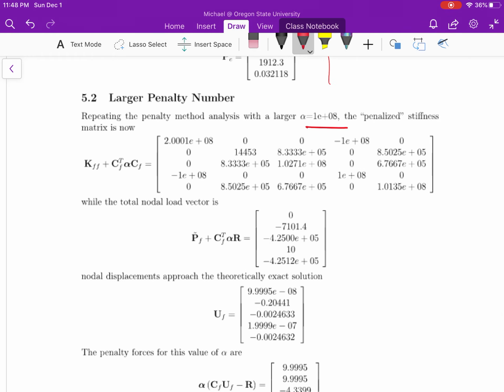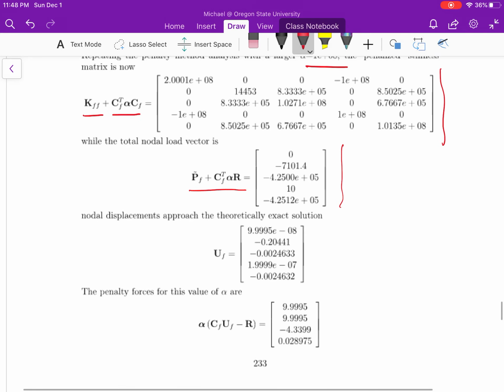So if we scale CF transpose CF by 10 to the 8th and then add it to KFF, then we get this penalized stiffness matrix, and with alpha being 10 to the 8th, we get this nodal load vector. Solving, we get nodal displacements that come very close to the exact solution.